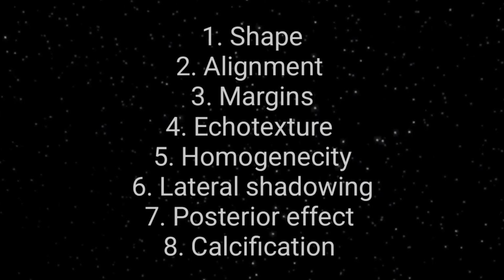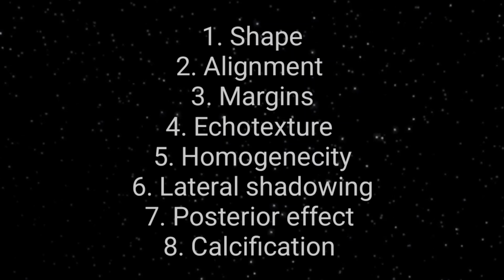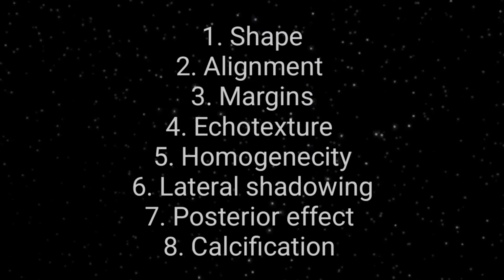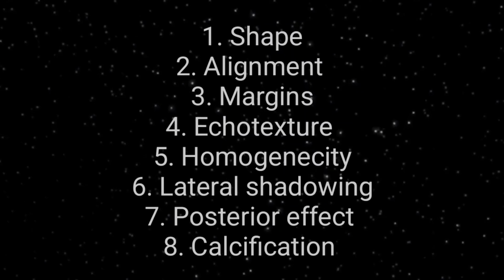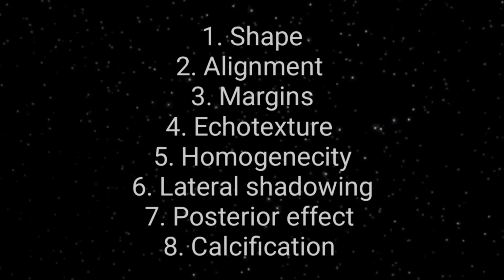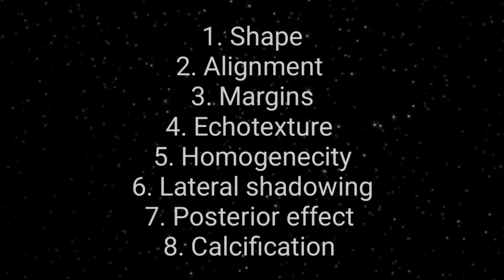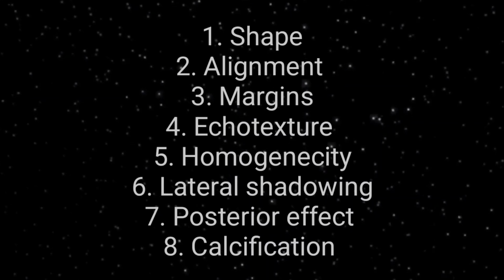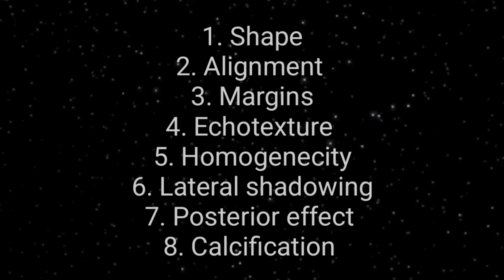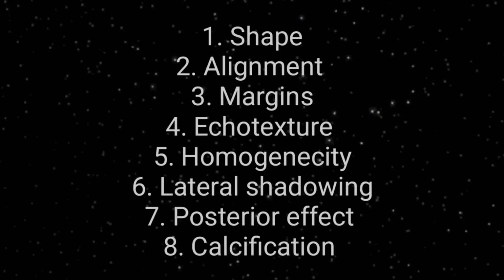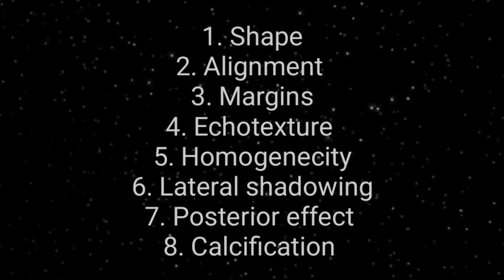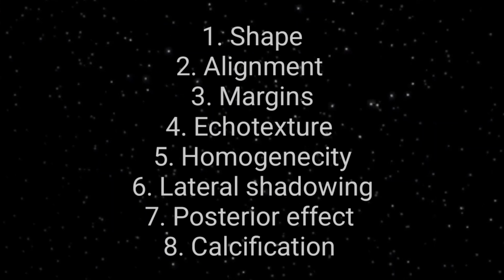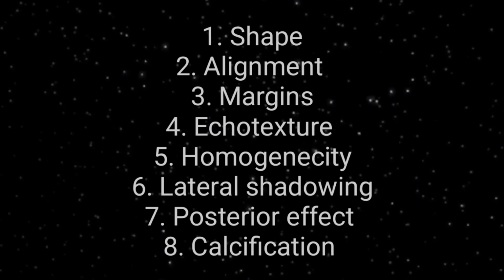Other signs which contribute are calcification, microlobulation, and intraductal extension or infiltration. I'm going to discuss all these points one by one with ultrasound pictures and images. I do hope it will help you differentiate the benign lesion from the malignant lesion. So let's start.